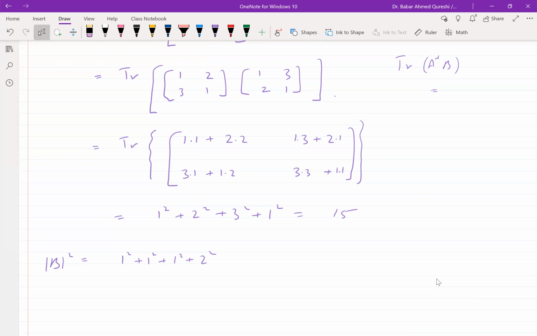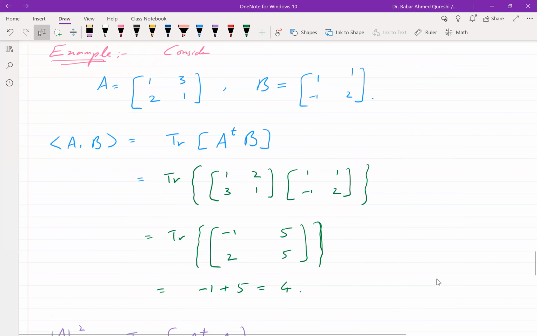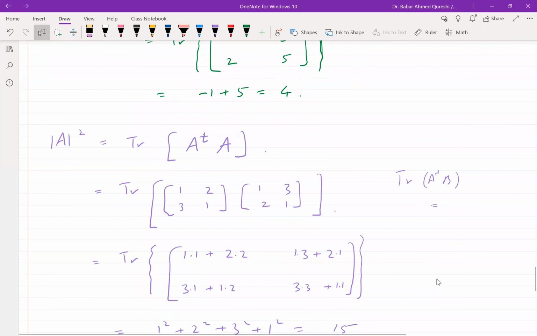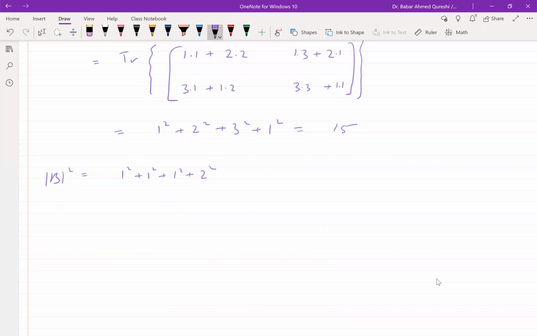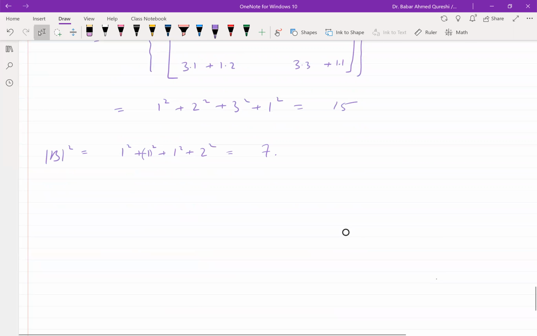No, it weighs B. Yeah, it has 1, 1, minus 1, and 2. So it gives me this, which is simply 7. So Cauchy-Schwarz, I can check the Cauchy-Schwarz.